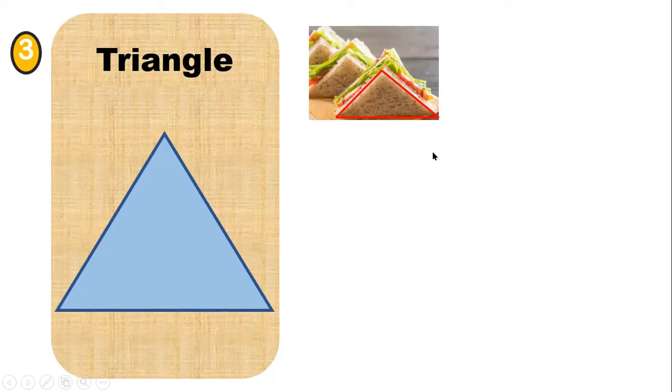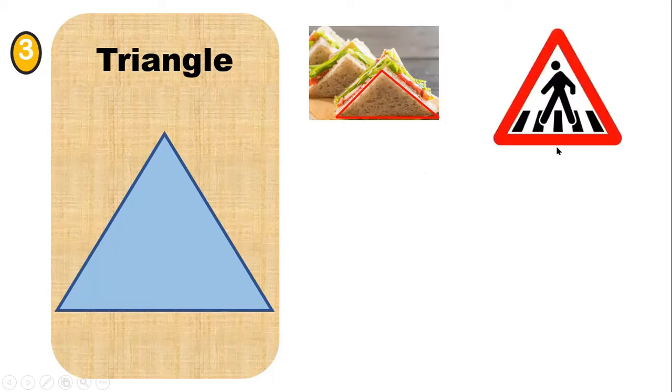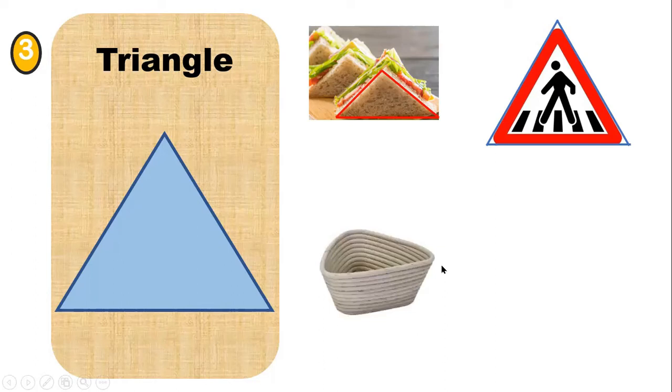Okay, look at this road sign. You'll see that also we can see a triangle. Okay, look at this basket. You can see that on top of it there is like a triangle.